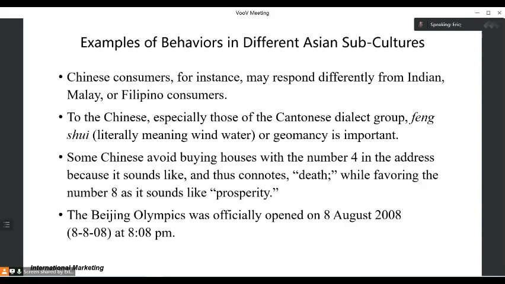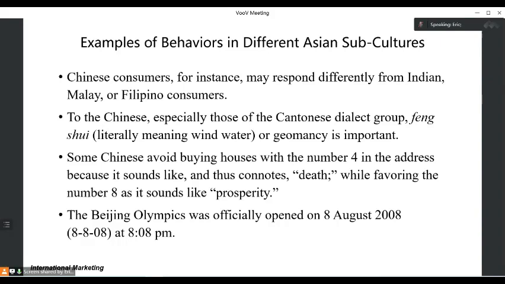So there is a special culture different from other countries, and there is a subculture in the north that is different from the south. There is a very interesting thing. Just like we know that in Western countries, the number 13 is not attractive.